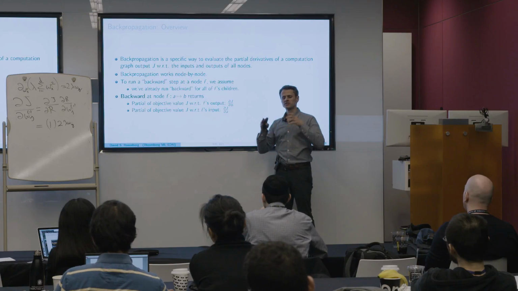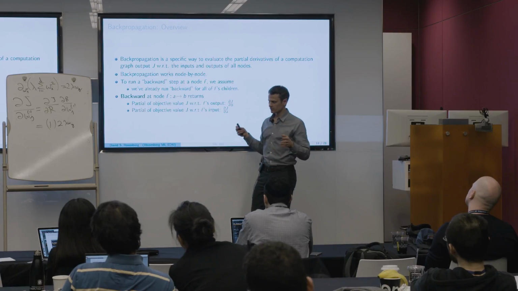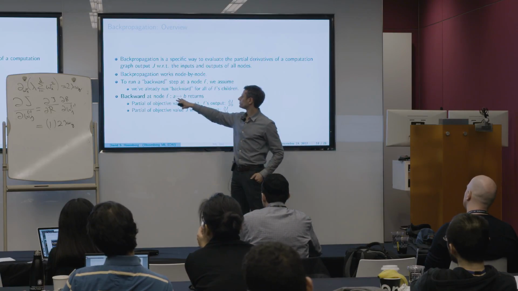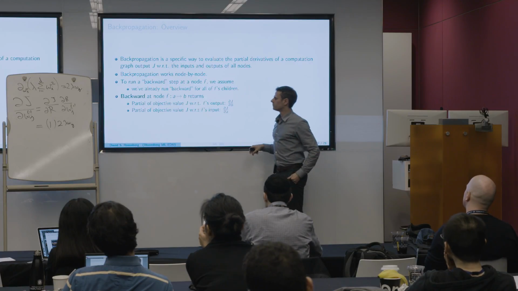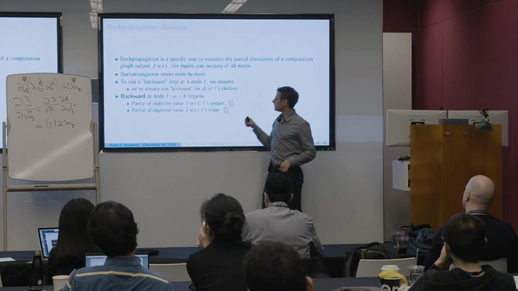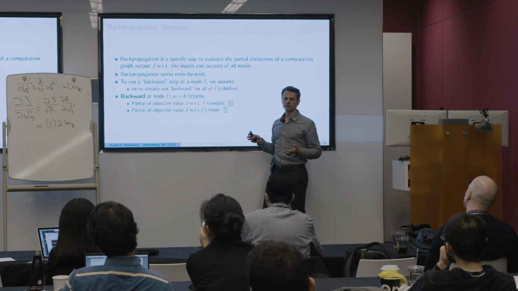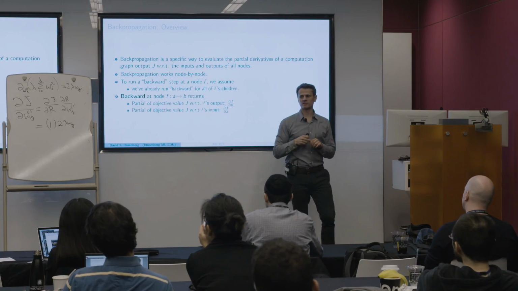So all the things that a particular node feeds to, you have to have already run backward on. And what does backward do? Backward at a node f, if you think of f as taking input a and output b, returns the partial derivative of the final objective function J with respect to both the input and the output. So it returns partial J with respect to b and partial J with respect to a.